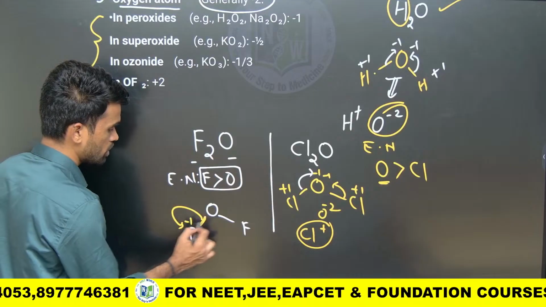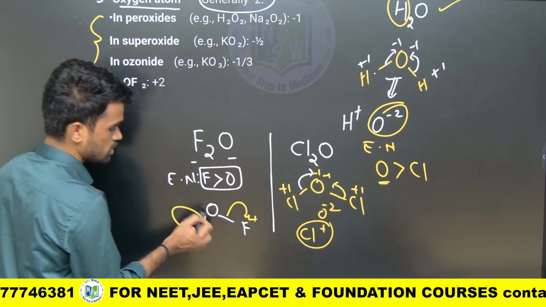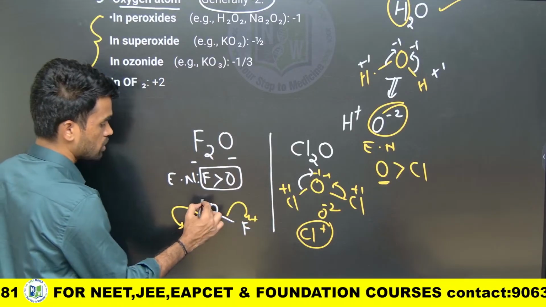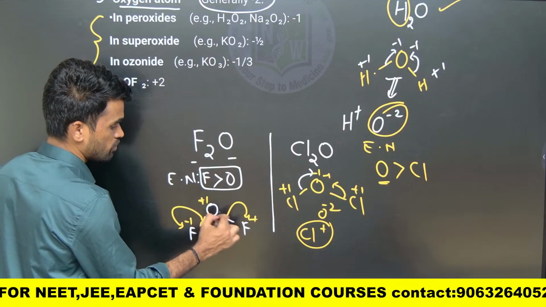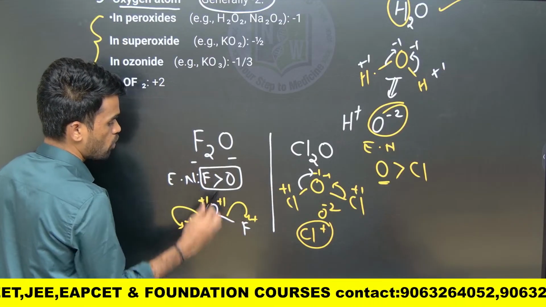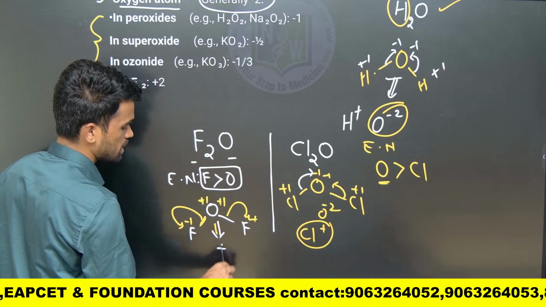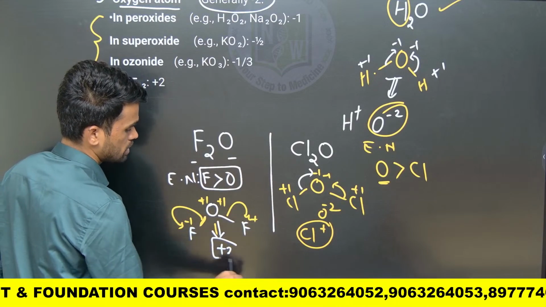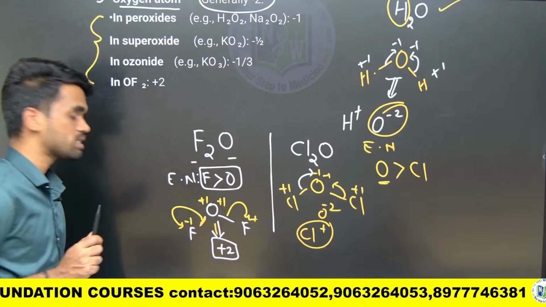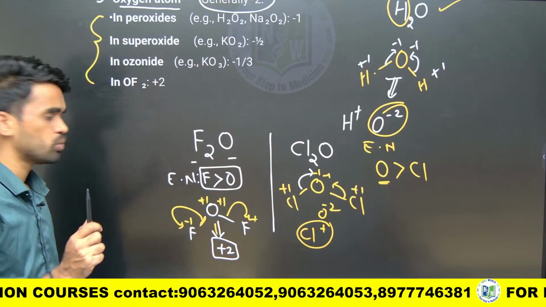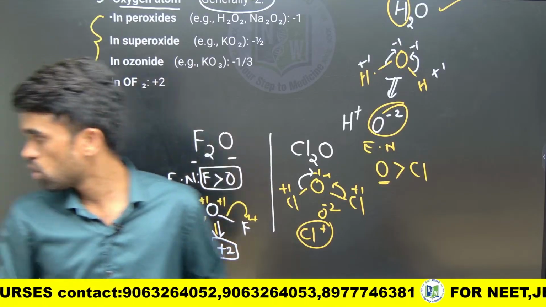So -1 on each fluorine like this. Since the bonds are moving towards the fluorine atoms, oxygen will get +1 from this side, and here also +1. Overall charge present on oxygen will be +2. This is the oxidation state of oxygen in OF2 or F2O. Hope it is also clear.